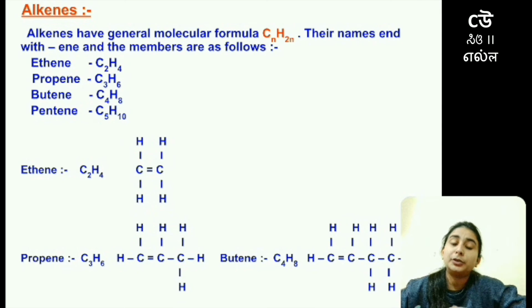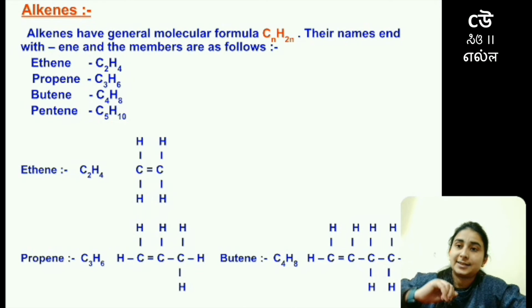But if you want, you can place the double covalent bond between carbon 2 and carbon 3. And then depending upon the valency of carbon, that is 4, you can place the hydrogen atoms. So this is the rule which you will follow while drawing the structural formula of alkenes.